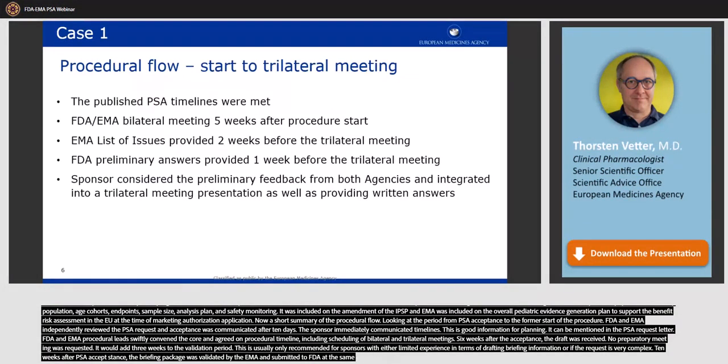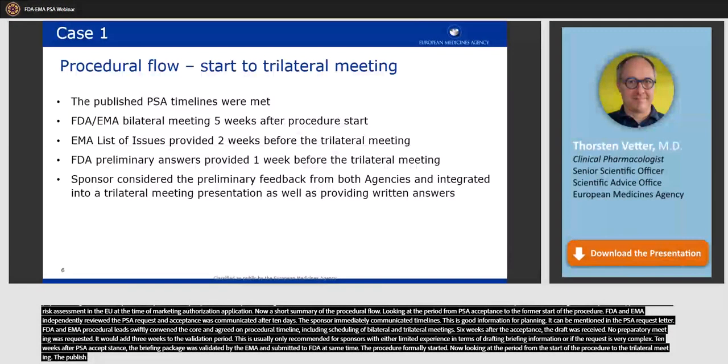Now looking at the period from the start of the procedure to the trilateral meeting. The published PSA timelines as per the general principles following the published EMA Scientific Advice Working Party meeting schedule were met throughout.